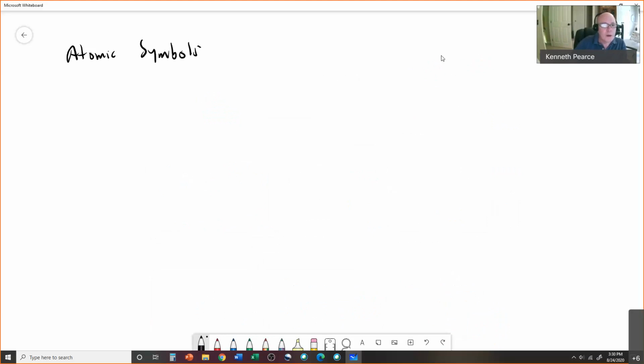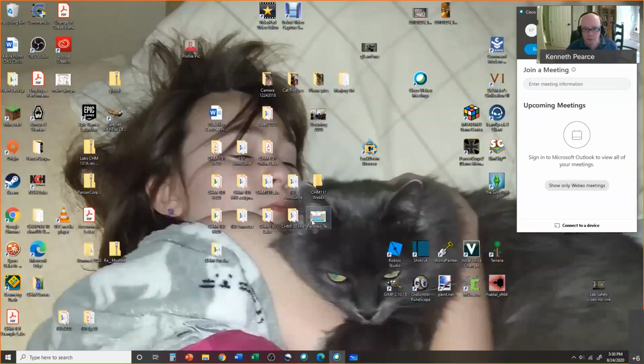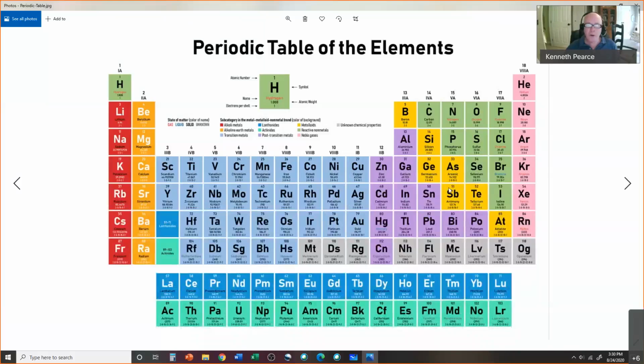All right, now if you look on the periodic table, and I happen to have one right here. There it is. If you look on the periodic table, you will see all these symbols, like C for carbon and N for nitrogen and O for oxygen.